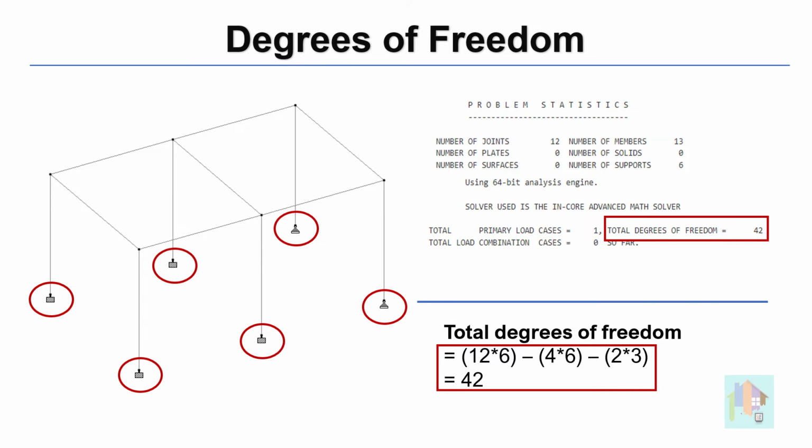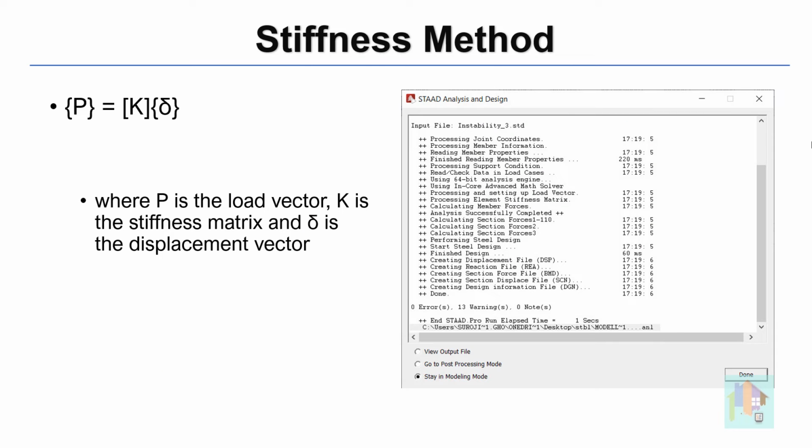Now we need to understand the relation between degrees of freedom and zero stiffness problem. When STAAD analyzes a structure, it follows stiffness method to calculate the unknown displacement values. For stiffness method, which is also known as displacement method, this basic relation is followed.